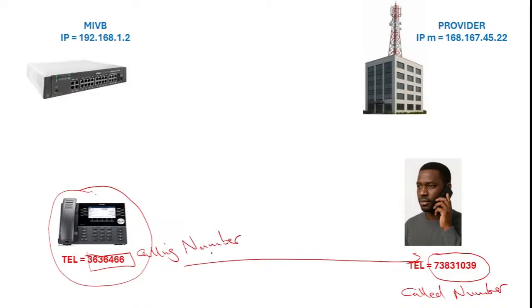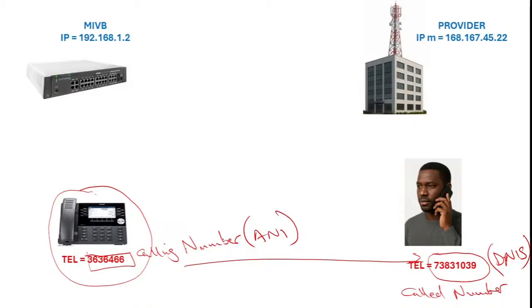The calling number is also known as the ANI, and the called number is also known as the DNIS. So you must research these terms, ANI and DNIS. I will refer to these names also in our tutorial.